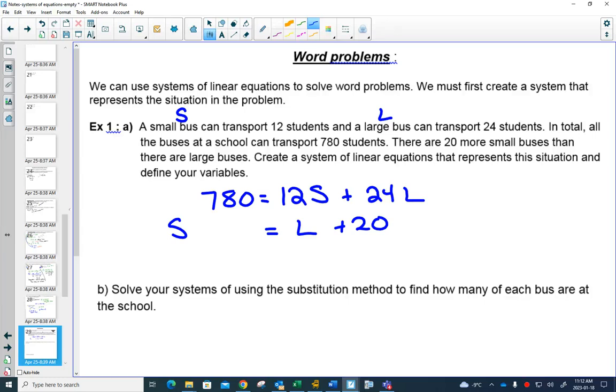Wow. So here's how I'm understanding this, okay? This is going to be a good video. You have a point guard, and you have 12 point guards, plus 24 centers. And together they weigh 780 kilograms. But from what I understand, there are 20 more centers.